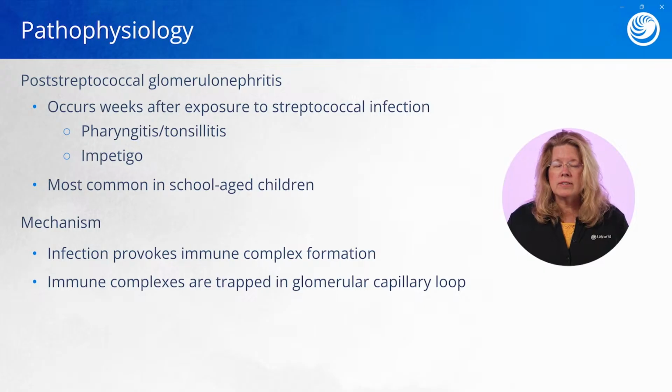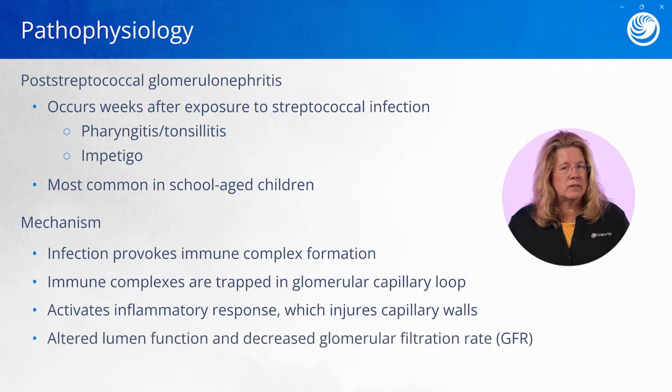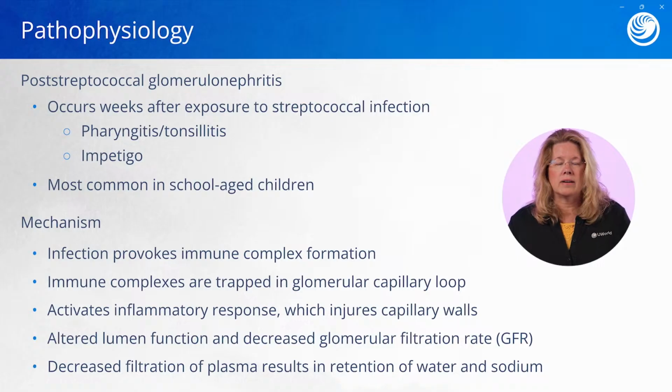And by lodging itself in the glomerulus, it is now embedding itself in those capillary walls and membranes. This then leads to damage and increased permeability of that basement membrane. Ultimately, your GFR will begin to decrease, your kidney function will decline, and the client will begin to retain fluid as well as electrolytes and waste products.